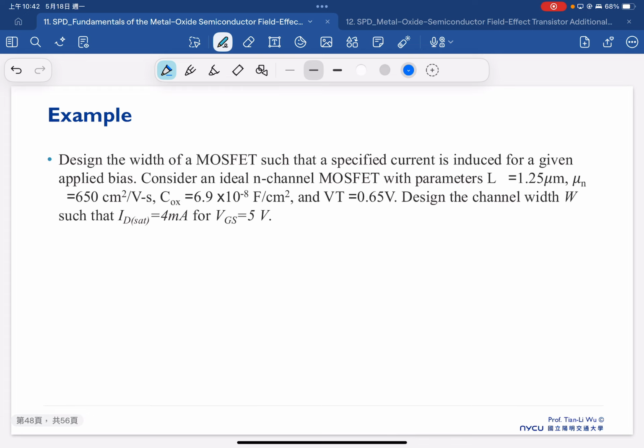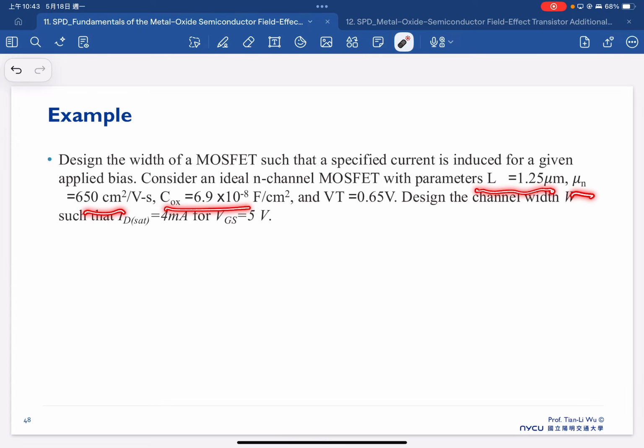So here is a very simple example to give you a rough idea of how we are going to use this equation. This is a design of the width of a MOSFET such that a specific current is induced by a given applied bias. Consider an ideal n-channel MOSFET with parameters such as channel length, mobility, oxide capacitance, and threshold voltage.